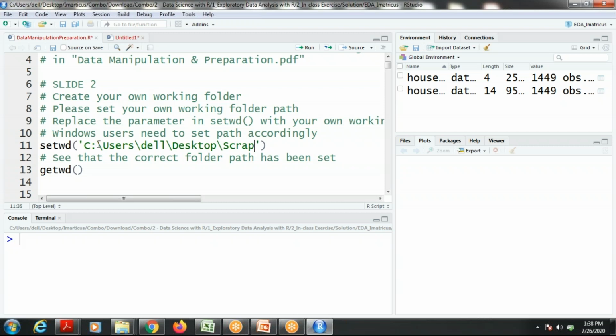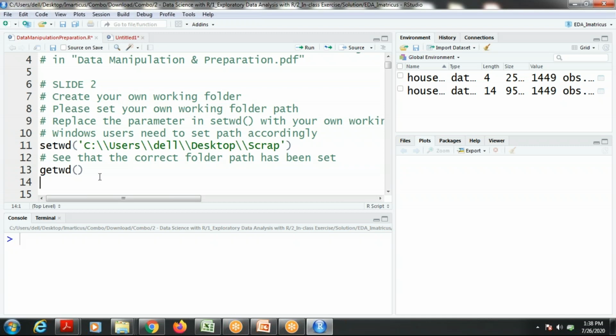Now be careful, R does not understand the default slash because it is also the symbol for division. So you need to use double slashes. Be careful whenever you pass the path, you need to alter this.